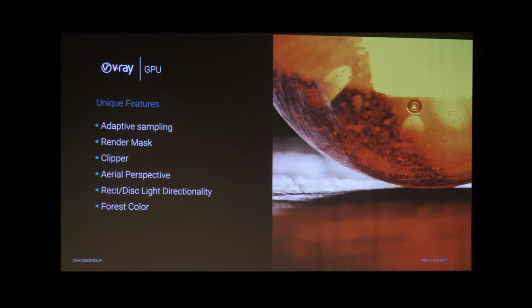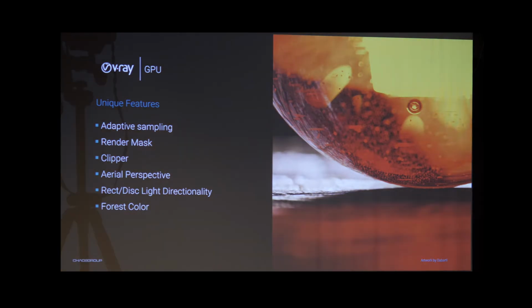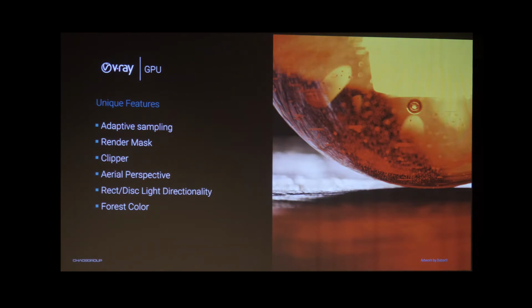And then we have aerial perspective, which is probably the coolest way to make fog. It's very fast to calculate. In the future, we are also going to implement the environment fog for those who want to use that. We also support light directionality, which we saw in the scene. And we also support forest color.